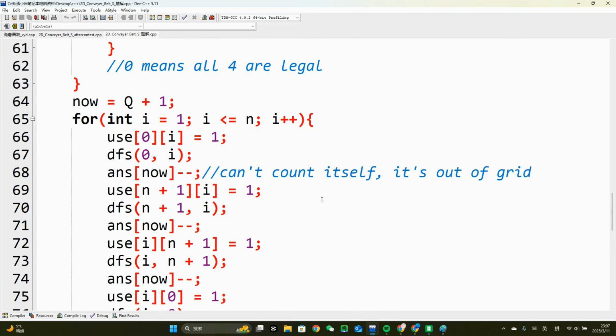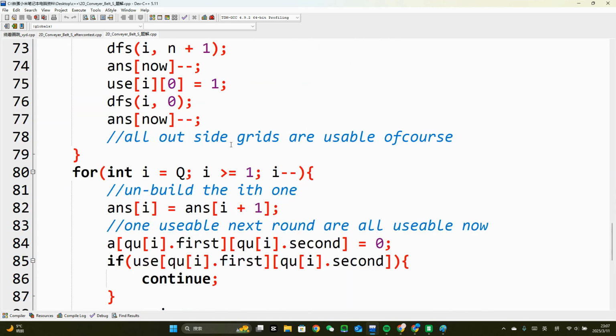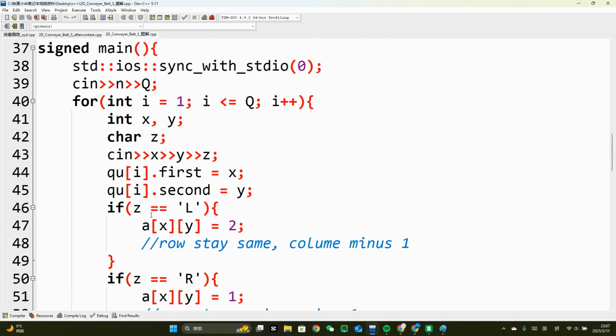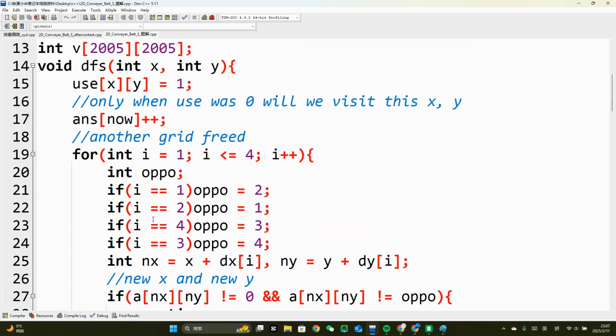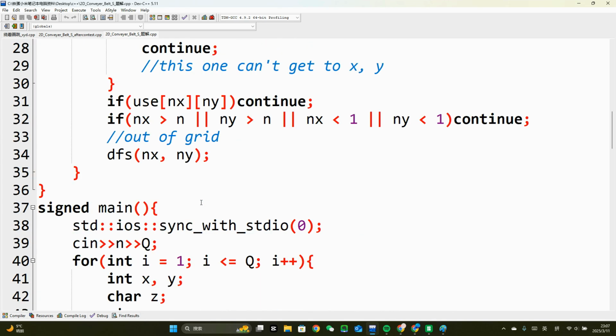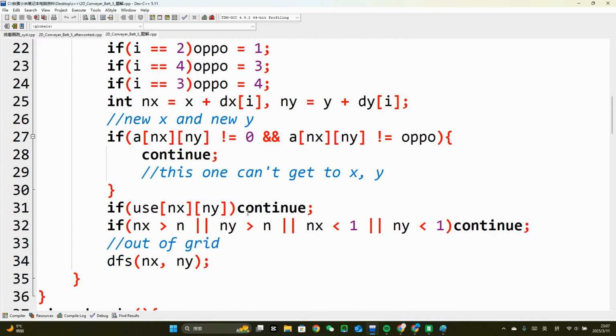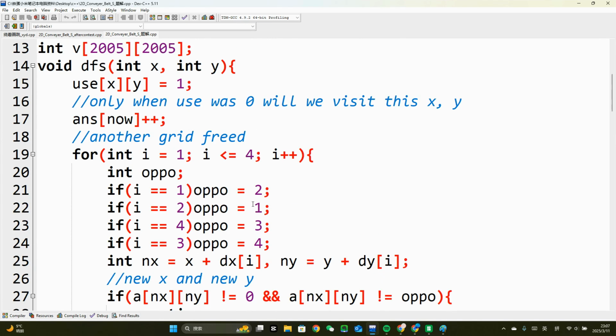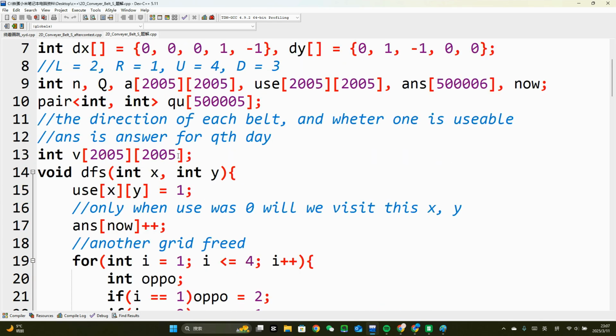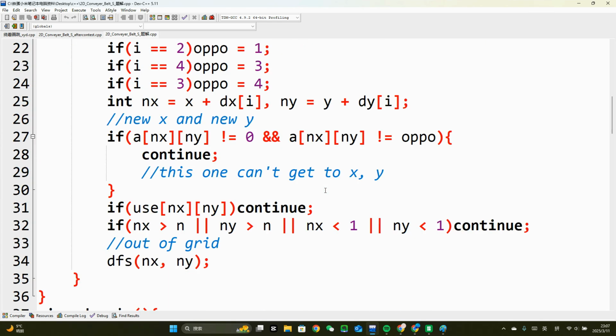So let's go to the DFS. Oh, I only wrote one DFS function. Okay, that's funny. All right, so we have basically the same process that we did for the pre-process as well. So very convenient. We just go to each cell, and if we can reach this one, we just mark it as usable. The exact same DFS process.